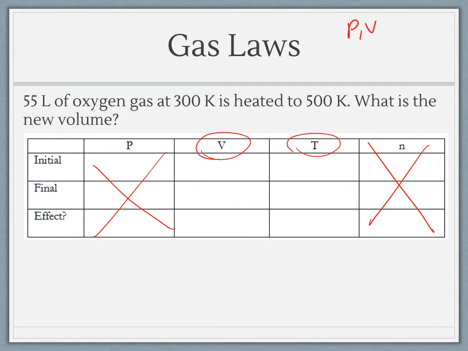Again, on your equation sheet, you are given this entire equation, but because temperature and volume are all we're focused on and pressure isn't changing, I get to just ignore that. So the equation I'm going to use is V1 over T1 equals V2 over T2. I just left out that pressure variable since it is not changing.